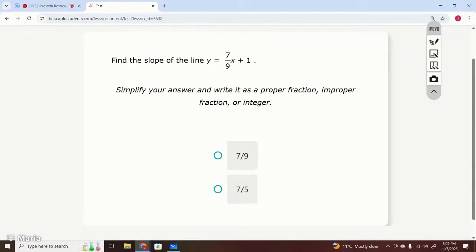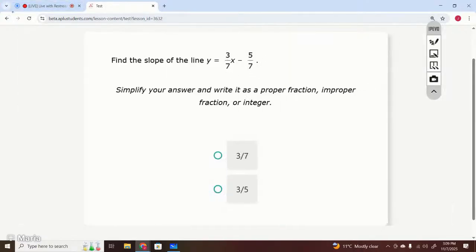Find the slope of the line y equals 7 over 9x plus 1. So the slope is that is 7 over 9.